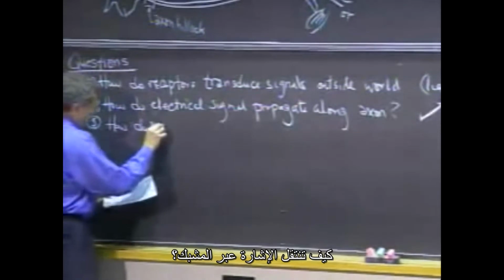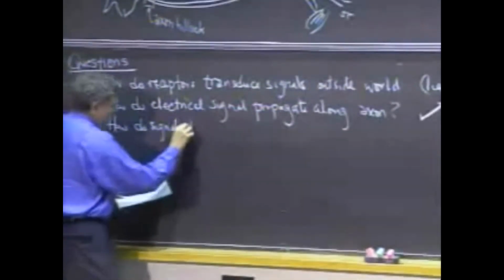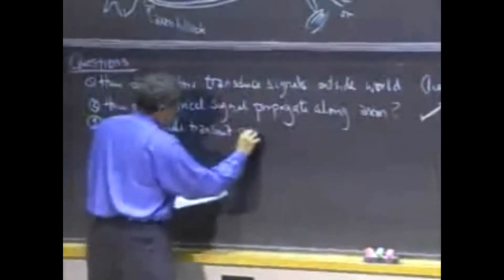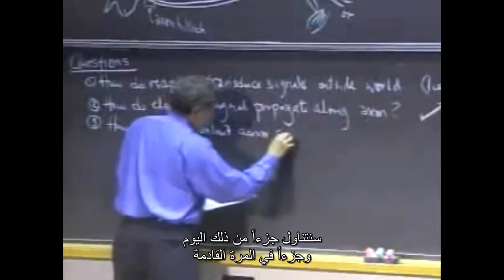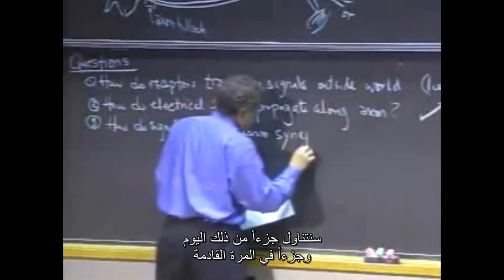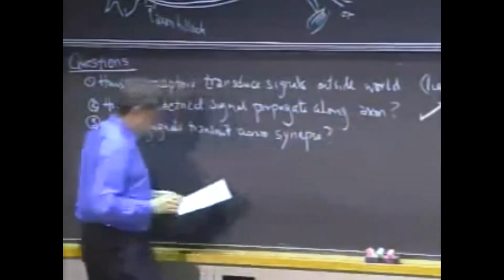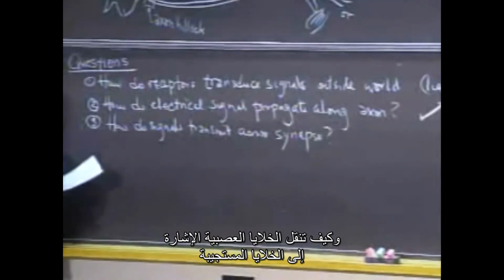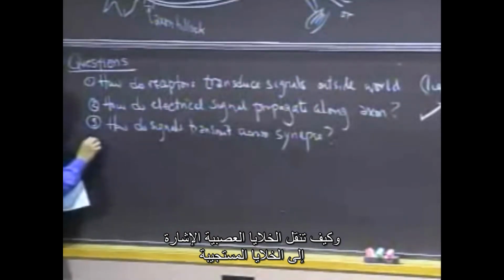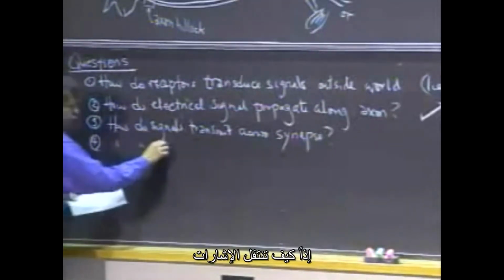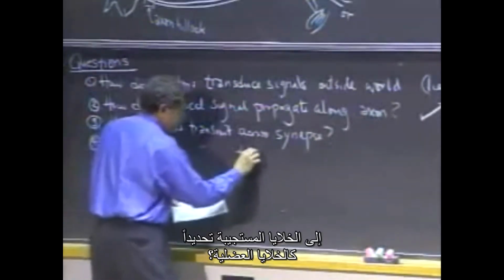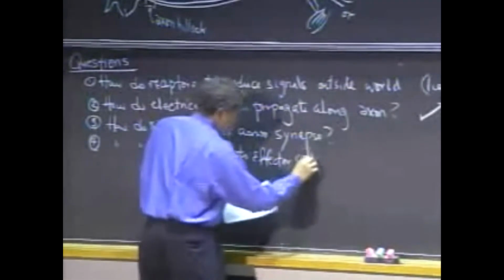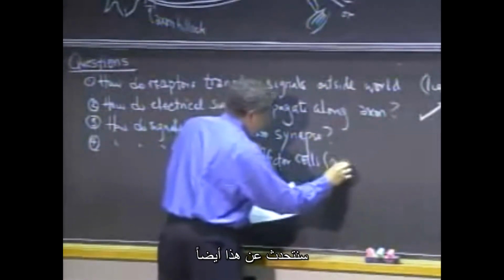How do signals transmit across a synapse? We'll talk about that, some today and some next time. And how do they transmit to effector cells? So how do signals transmit specifically to effector cells like a muscle? We'll talk about that.